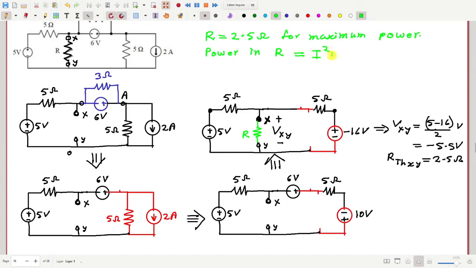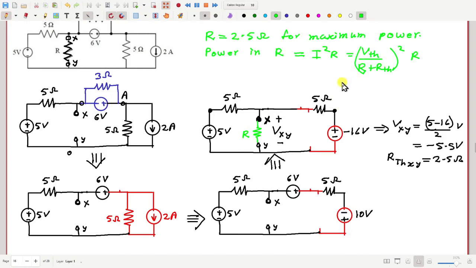Power in resistance R will be I squared R. How much will be the current I? That will be V Thevenin by R plus R Thevenin, squared, multiplied by R, and R is equal to R Thevenin in this case.